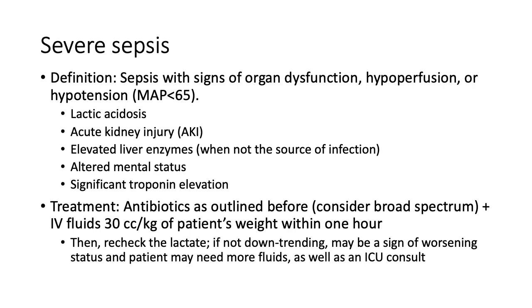Those would all be signs of organ dysfunction or hypoperfusion. And then after you give treatment with the 30 cc's per kg, then you want to recheck the lactate. If it's not downtrending, if it was elevated, then that might be a sign of worsening status and the patient might need more fluids as well as an ICU consult.